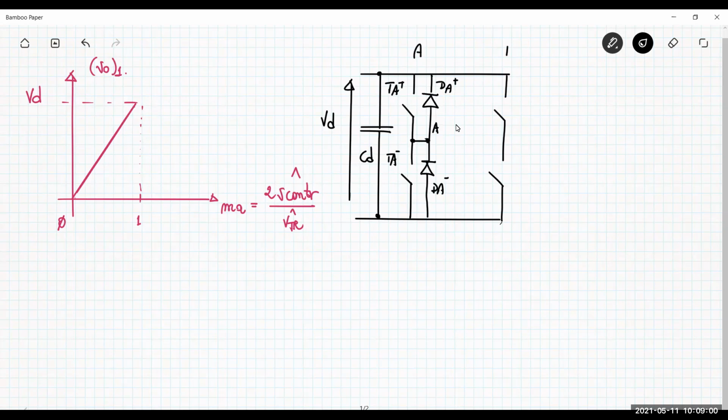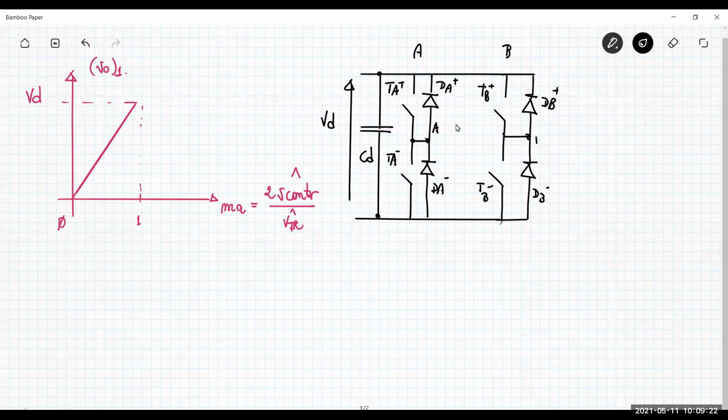Then you have the second leg, which is the leg B, and then you have the same construction made up by transistors TB plus, TB minus, and diodes DB plus, DB minus.